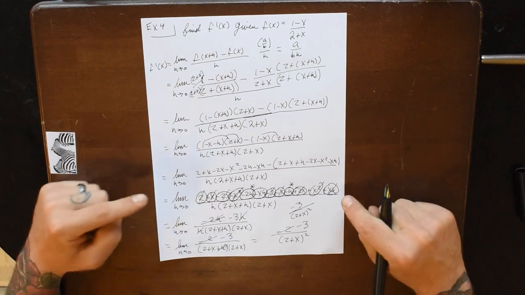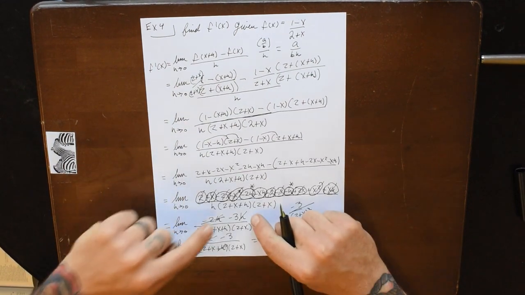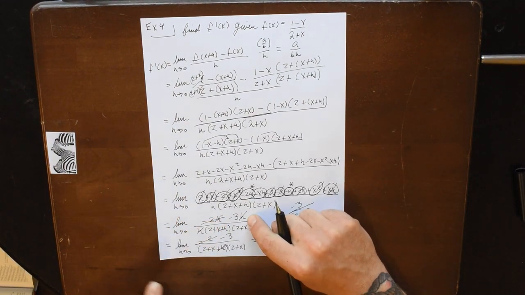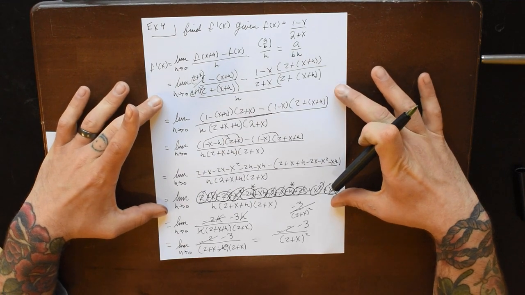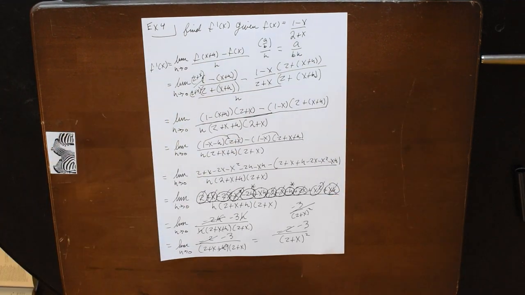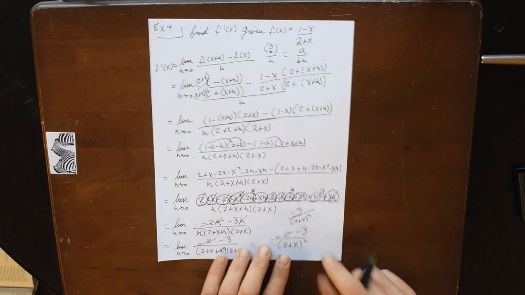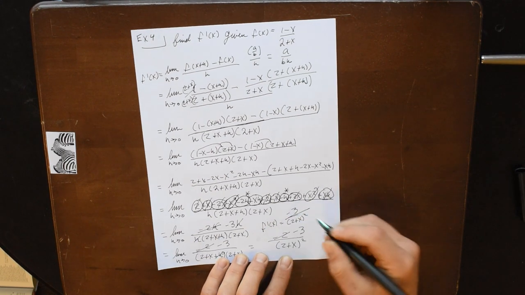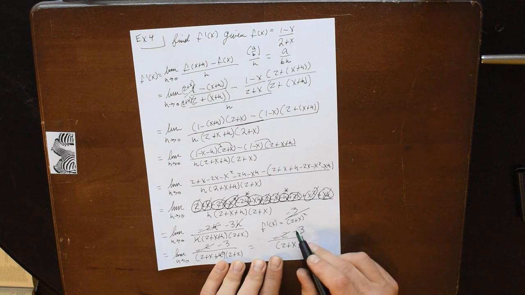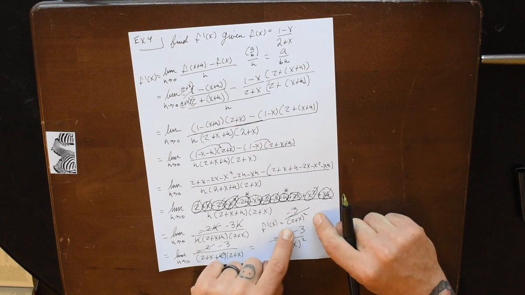Hopefully at this stage, you're going to have an h in your numerator to cancel out with the h in your denominator. If you don't, go back to all the algebra that you did and see if you can find one. And we were able to calculate that the derivative, f prime of x, is equal to negative 3 divided by the quantity of 2 plus x quantity squared.